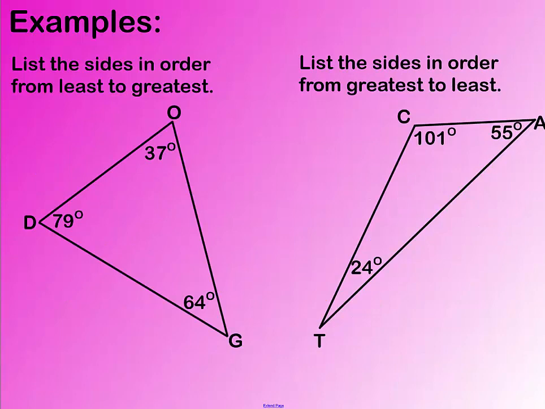Okay. I can do the same thing with angles. So if I want to order from least to greatest for these angles, I'm going to find the smallest angle, which is O, and I'm going to go across from that angle. The side across from that angle is side DG.